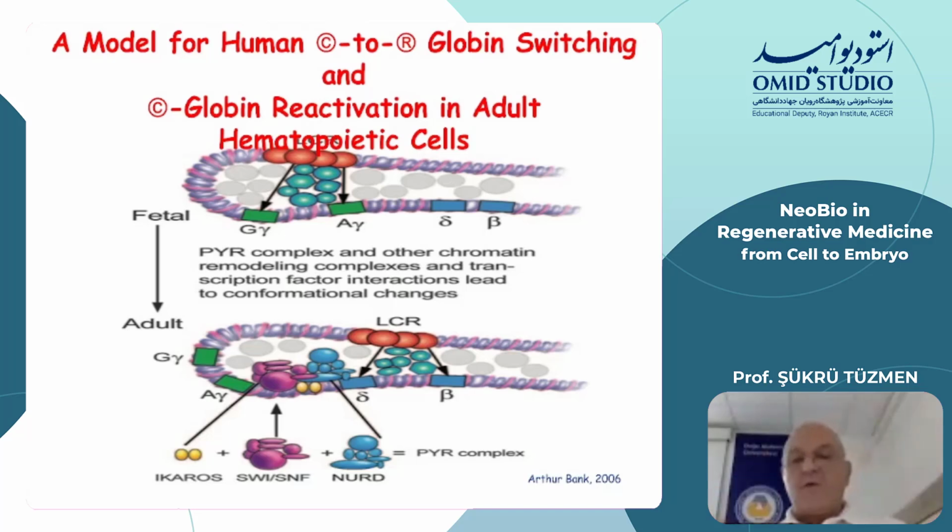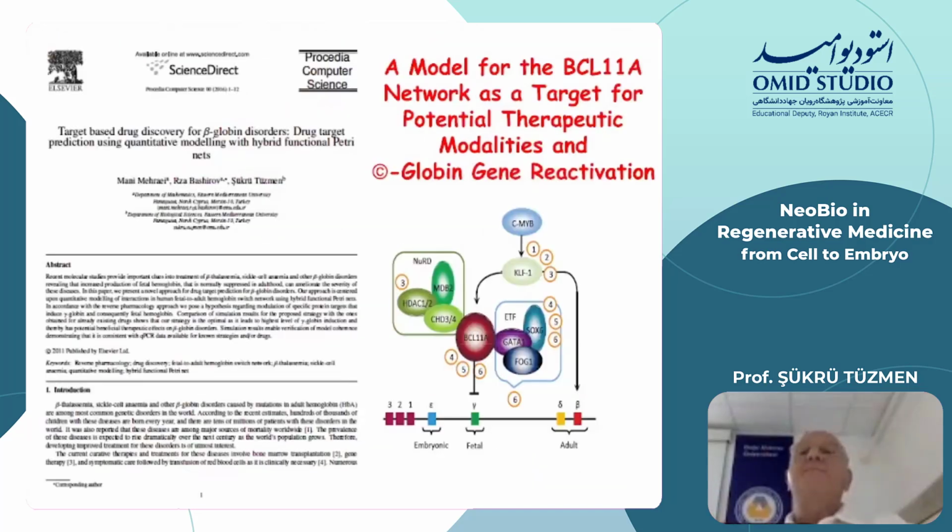Okay, so with one of my PhD students, who was from Iran too and is now back in Iran, he was a mathematician, not a molecular biologist. I taught him molecular biology, and eventually we met in the middle. So we used in silico analysis to try to find a way to upregulate the gamma globin gene.